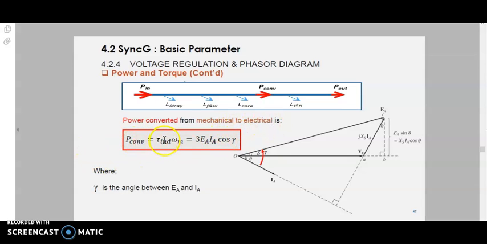The converted power is equal to induced torque times omega m, and equal to 3 times, for each of your single circuit, EA times IA cos Y, where Y is the angle between EA and IA. So this is IA and your EA.